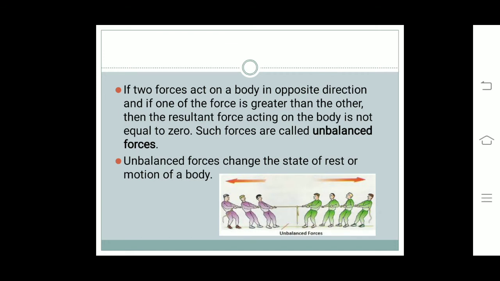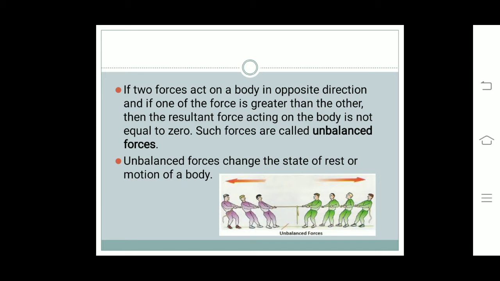Unbalanced forces. If the two forces act on a body in opposite direction and if one of them is greater than the other, then the resultant force acting on the body is not equal to 0. Such forces are called unbalanced forces. Unbalanced forces change the state of rest or motion of a body.